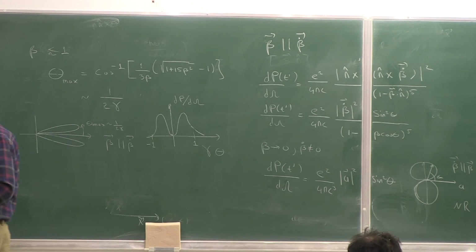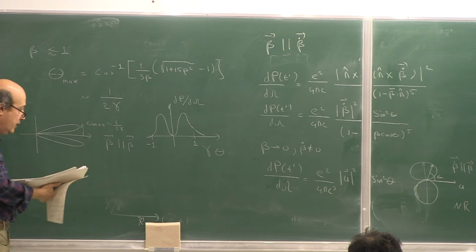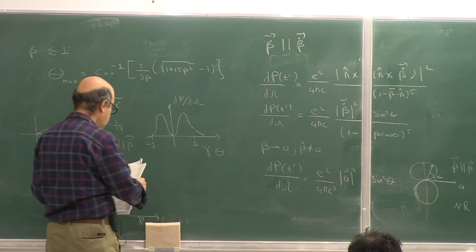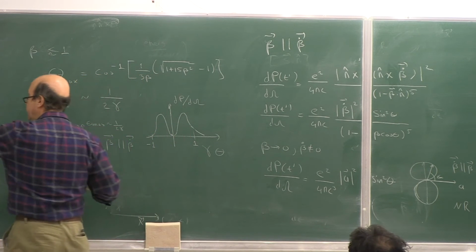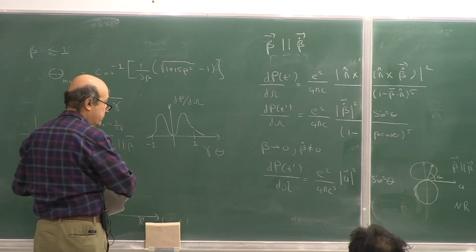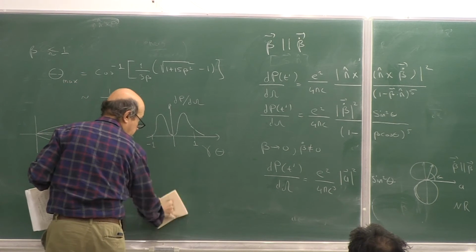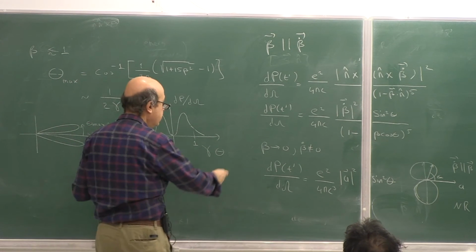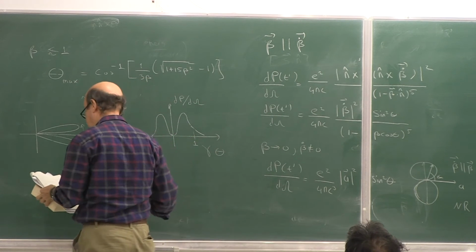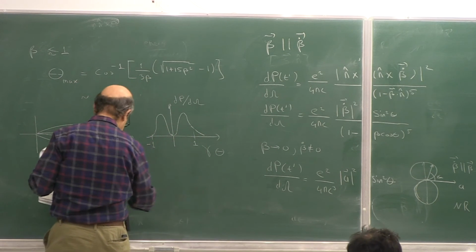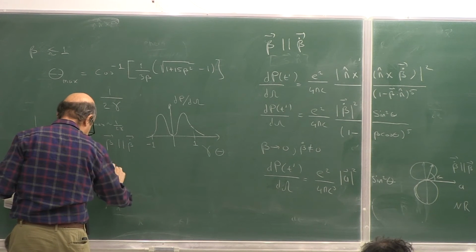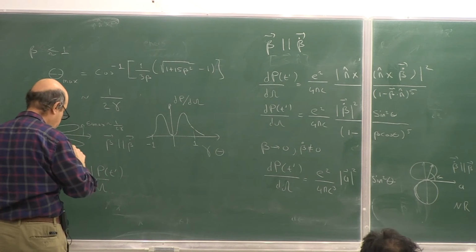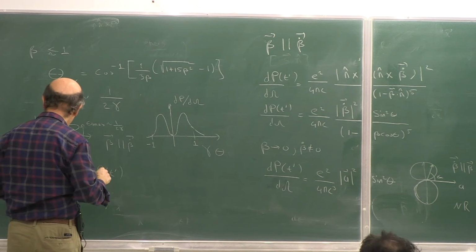The next thing I am going to do, there is one thing I have to mention: is this formula consistent with the linear results? What you should do is integrate this over all solid angles. You have the power emitted per solid angle, written with respect to the source time coordinate.